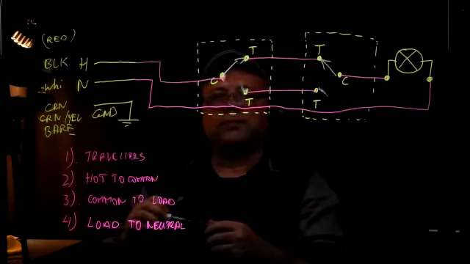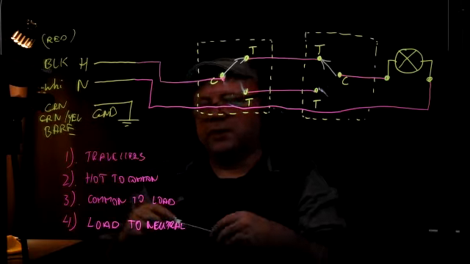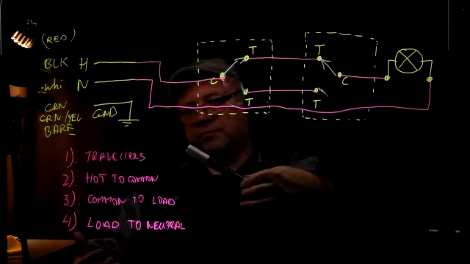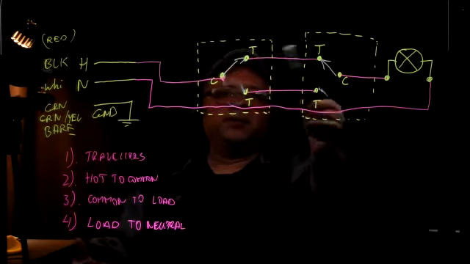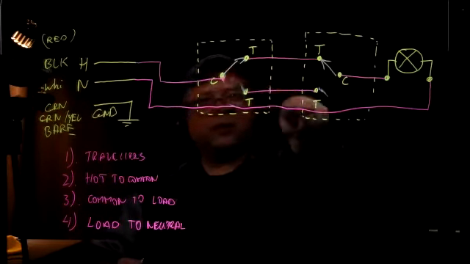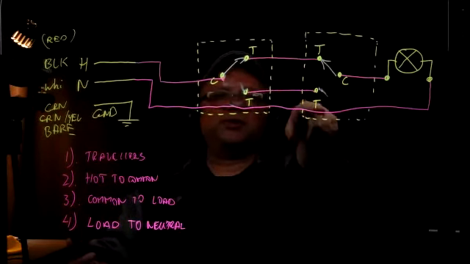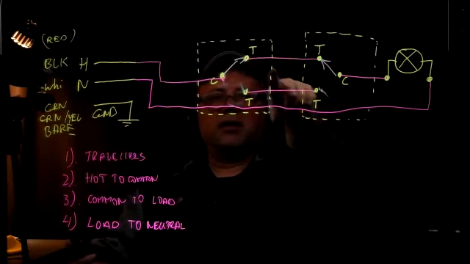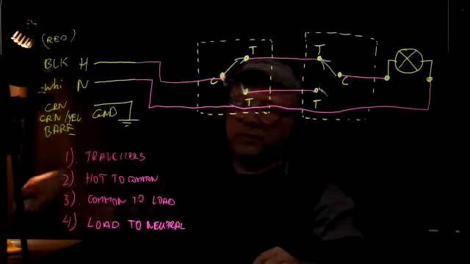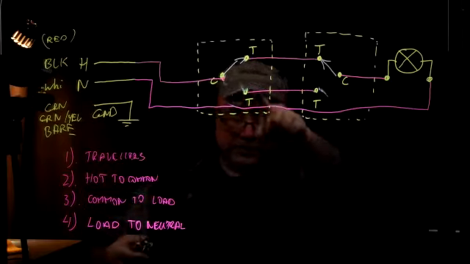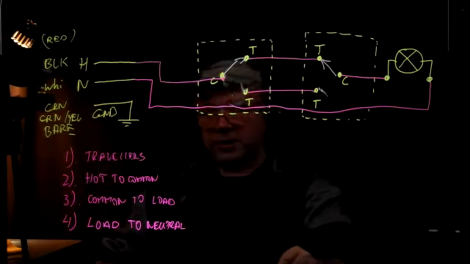So what we did is we have connected travelers together, and it doesn't matter the polarity. You could crisscross them. It doesn't matter because no matter how you flip this switch, those travelers will never make contact with each other.